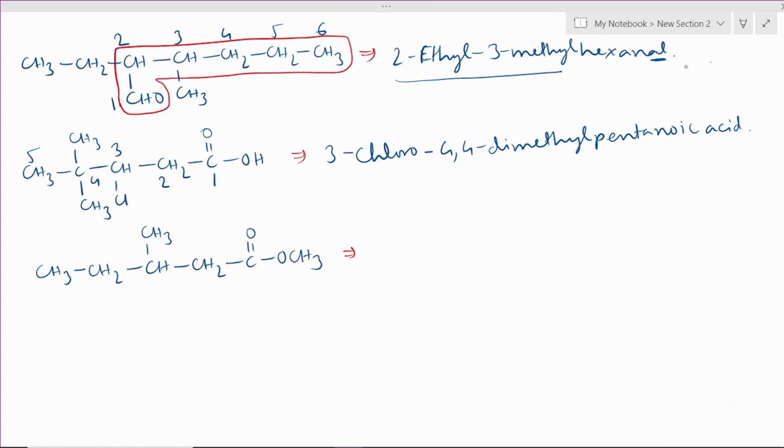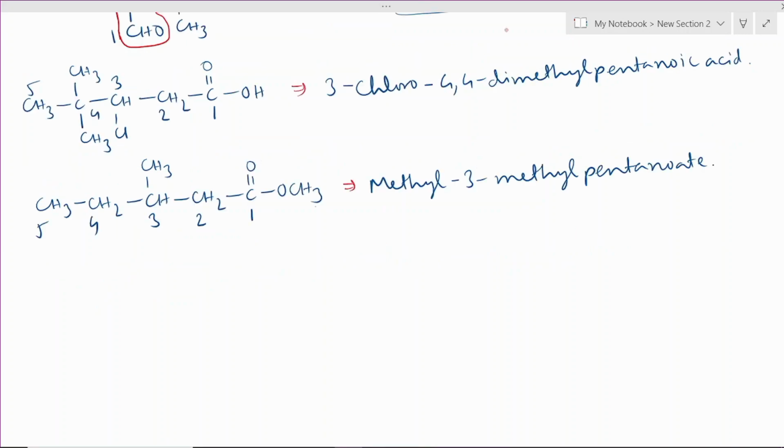And in the ester compound, if we do numbering, this will be 1, this will be 2, this will be 3, this will be 4, and this will be 5. So it will be methyl 3-methylpentanoate. While doing IUPAC nomenclature of ester compounds, this group will be written first.